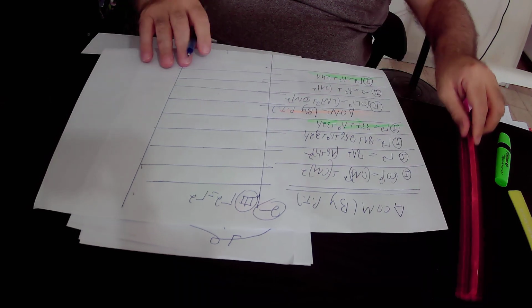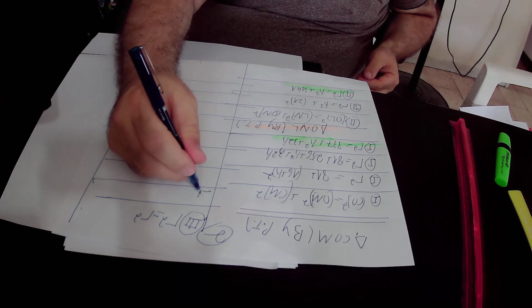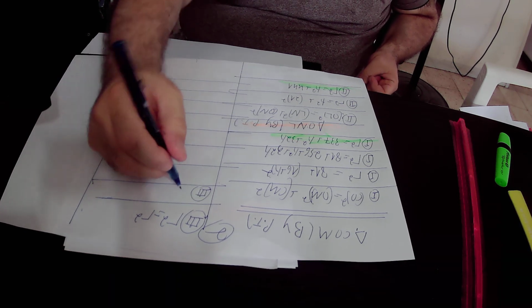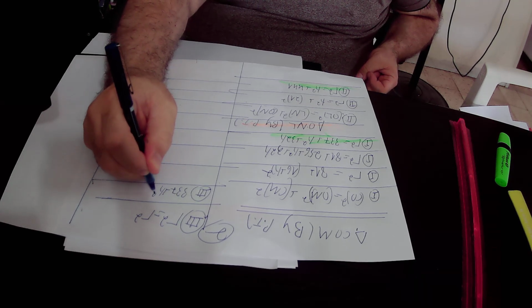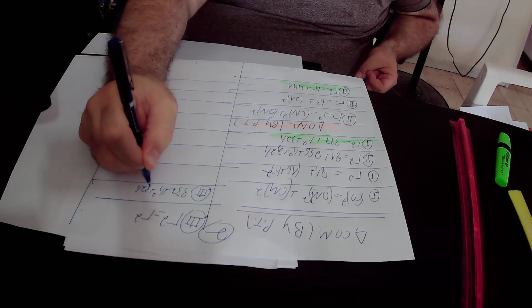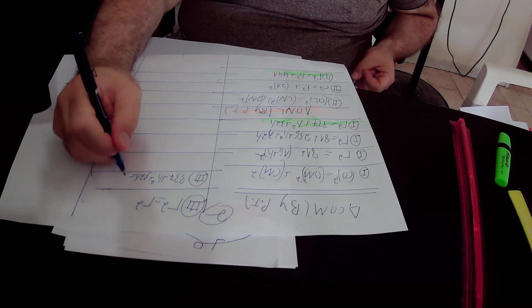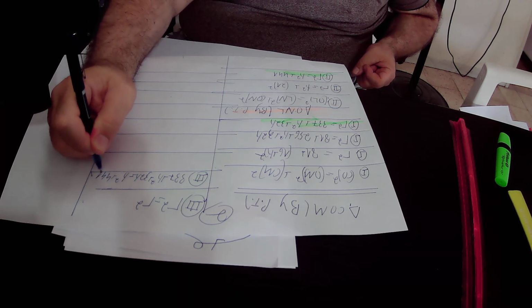So R squared according to equation number 1 equals 337 plus H squared plus 32H, and it must be equal to R squared according to equation number 2, that is H squared plus 441.